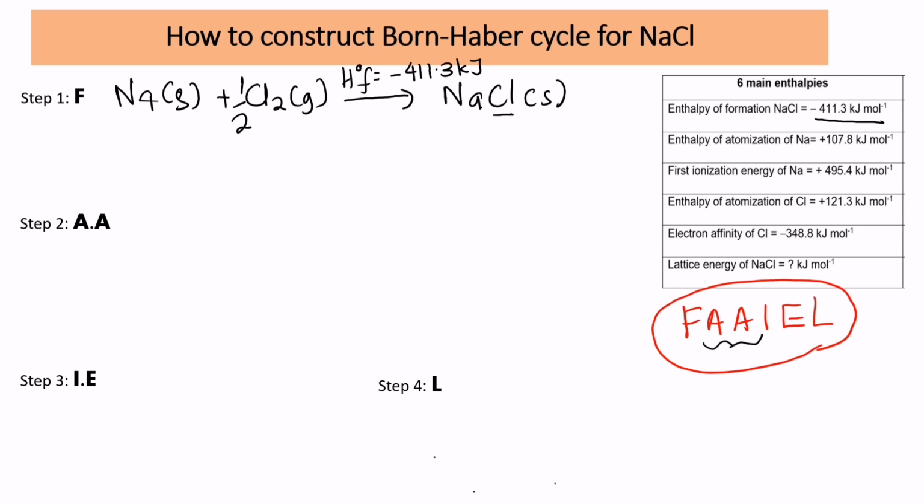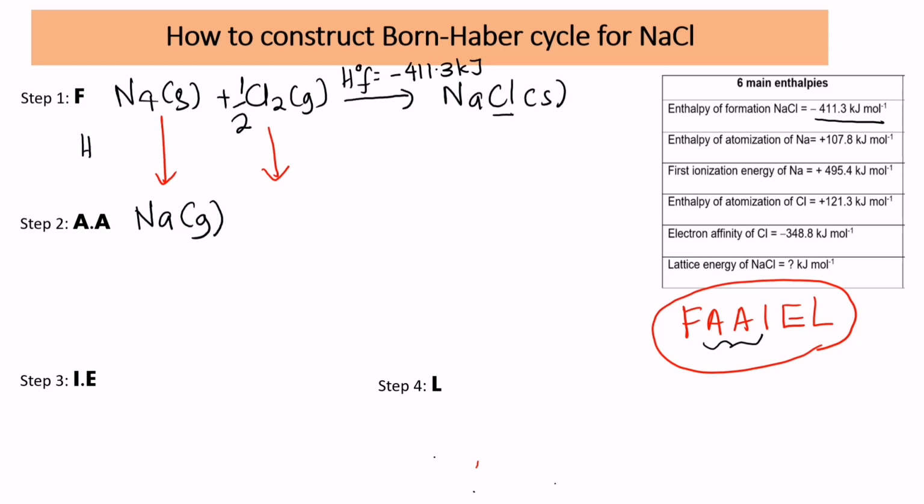Next, focus on A. A is enthalpy of atomization. So Na solid and Cl2 will form gaseous atoms. Na solid undergoes atomization to become Na gas.